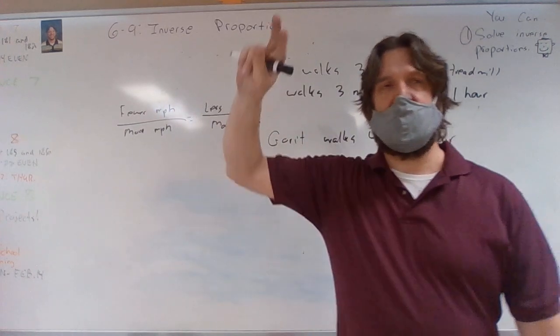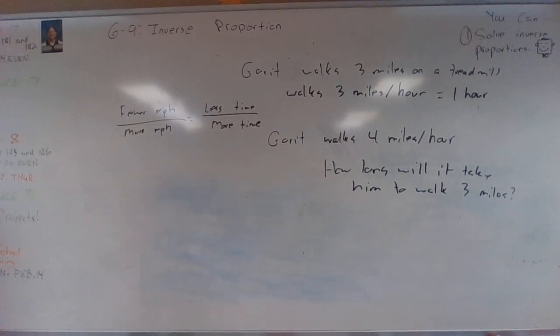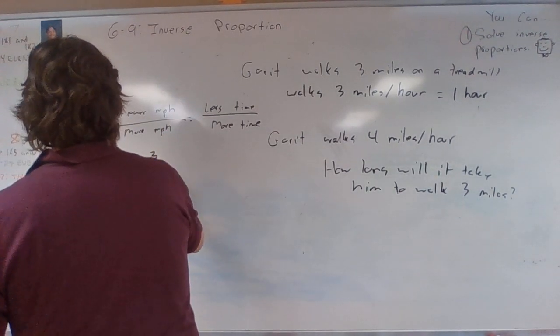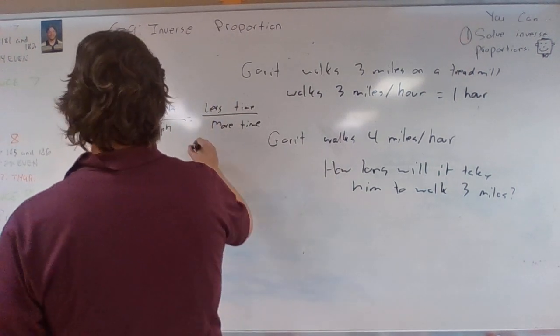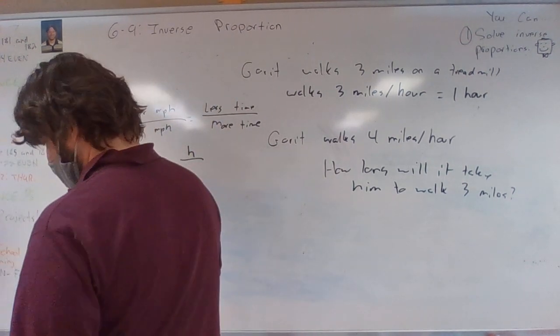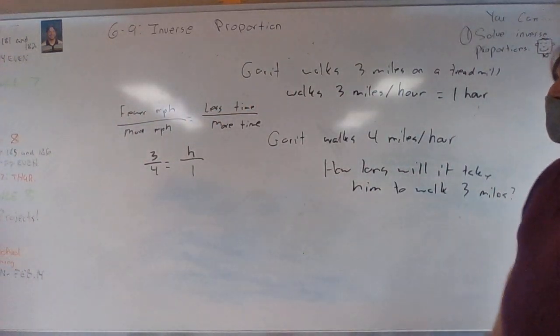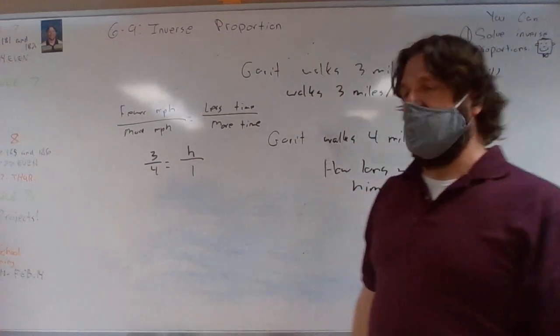And remember, we're switching the order on these here because as one goes up, the other goes down. So fewer miles per hour is 3 over 4 equals less time. We don't know how long that is going to be, but we do know it takes him 1 hour, more time, when he's going fewer miles per hour.